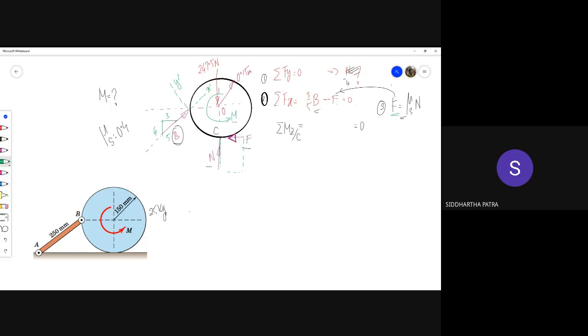And that way you can directly figure out what is the normal force. Okay, and later you can take the moment with respect to B. And then from that you can figure out the moment without even evaluating the force at B.